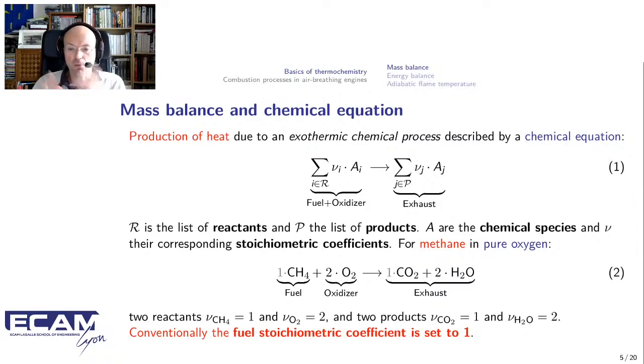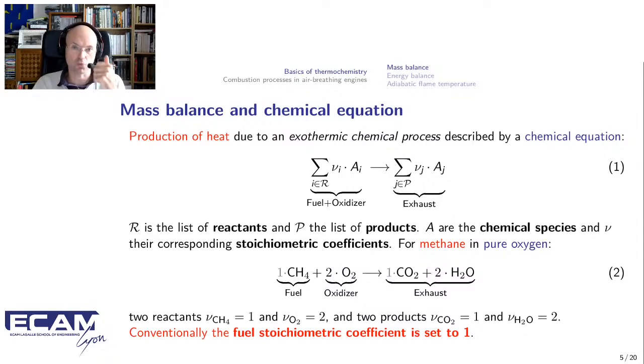Practically, here on equation 2, you have the example with the combustion of methane, which is the simplest of the hydrocarbon components because it's only one carbon atom with 4 atoms of hydrogen. If we want to consume this fuel completely, you will need to combine it with 2 molecules of oxygen.